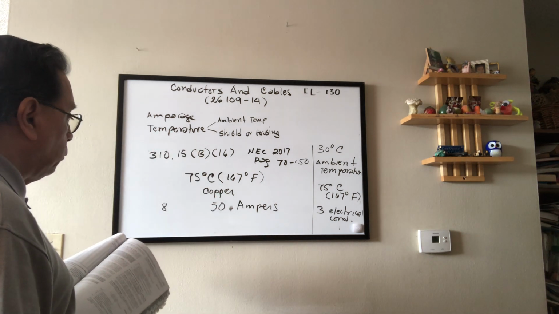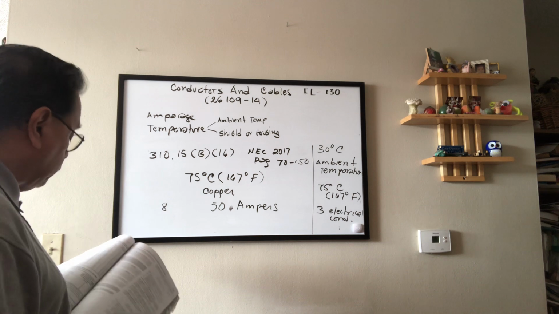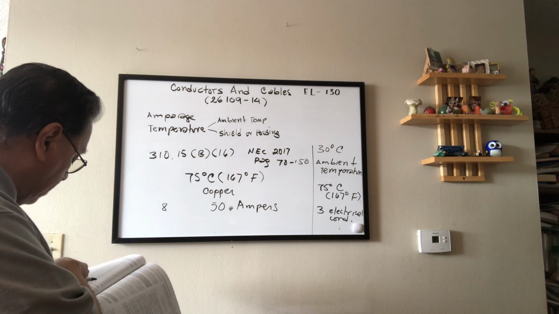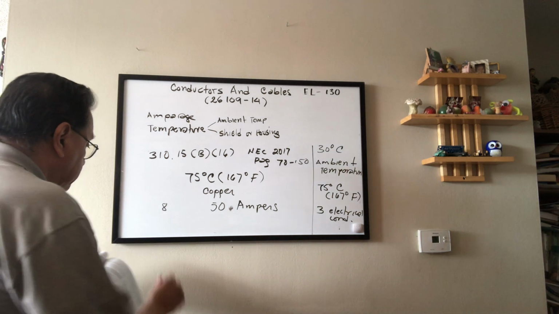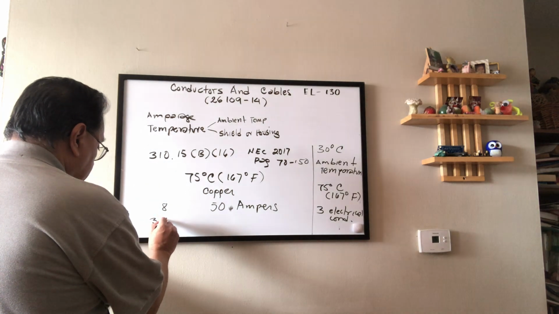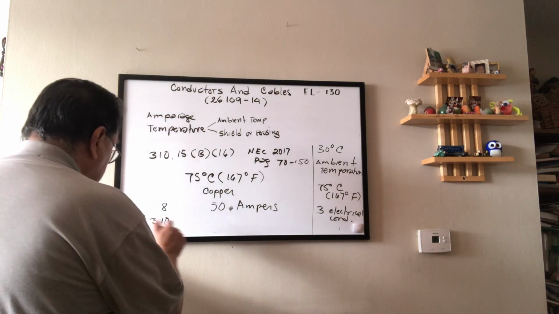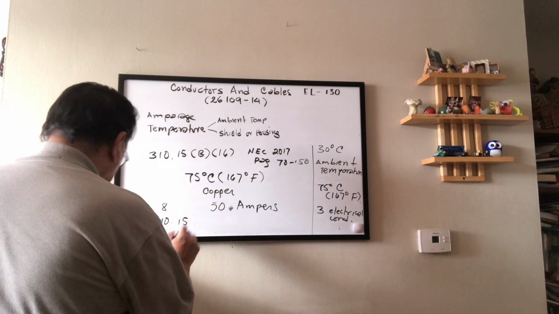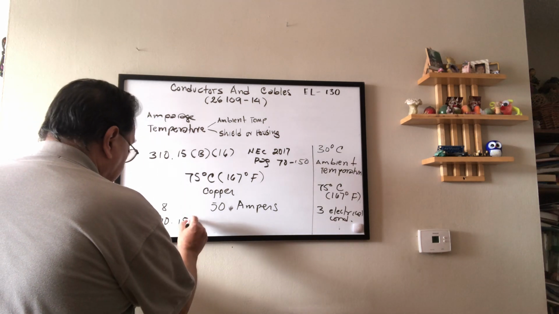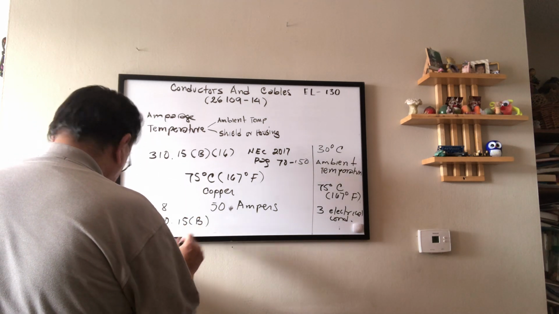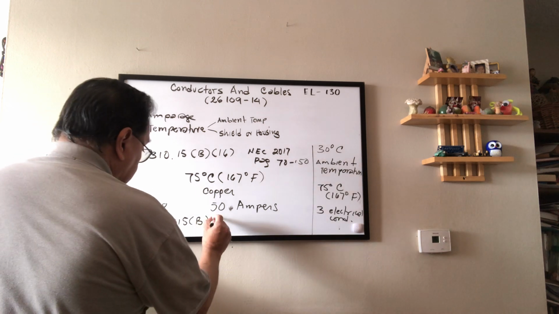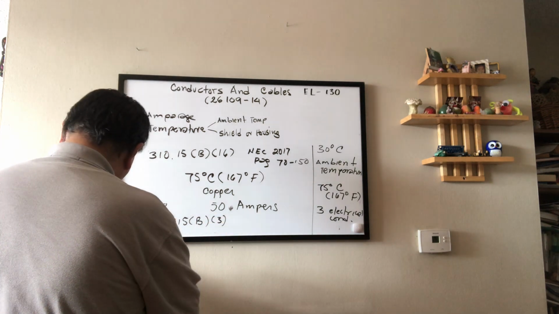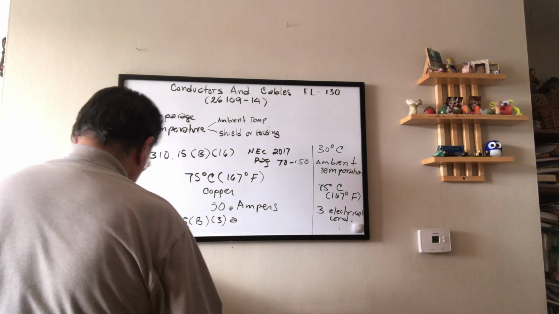But what about if we have 4? We need to use the factor to adjust the ampacity. The table is 310.15(B)(3)(a).